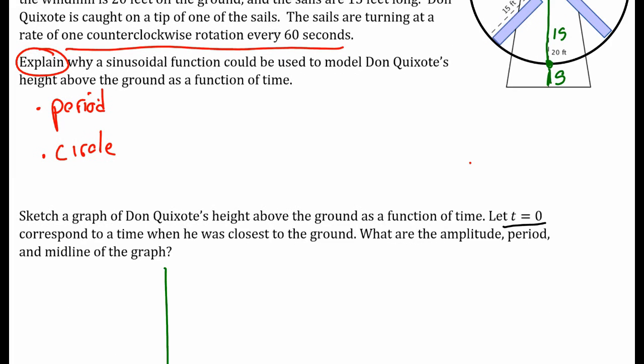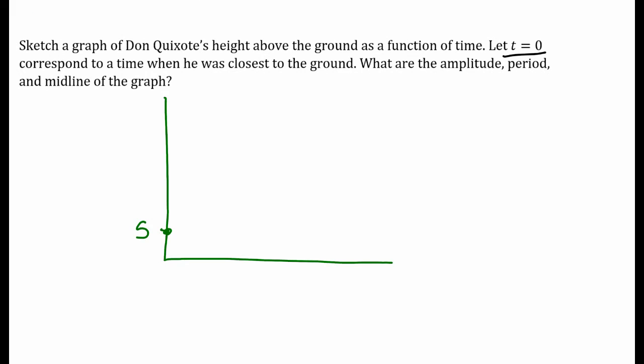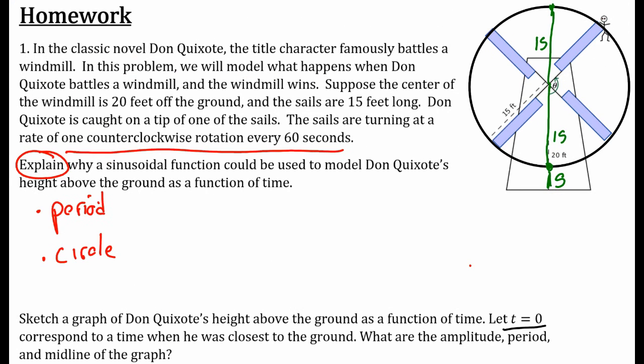He reaches that halfway through his spin, and then 1 full rotation, which is 60 seconds, he's back at 5 feet, because he kept spinning back around the circle. Don Quixote is spinning around that way.